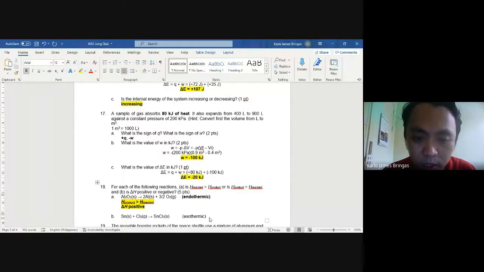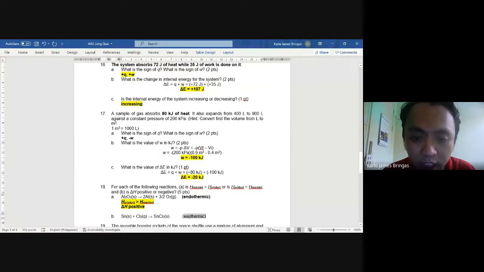So the opposite is true for an exothermic na reaction, like in letter B. So in this case, since it's exothermic, the enthalpy ng ating reactant is greater than the enthalpy of the product.